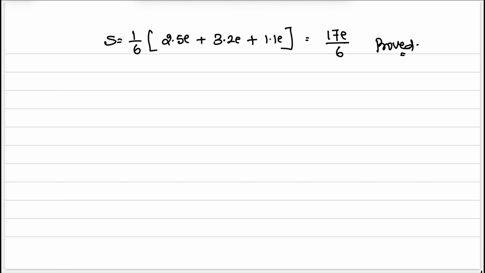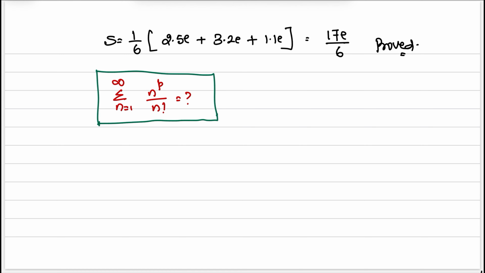And you can even try as a homework, if you can: what will be the value of sigma n equals 1 to infinity n to the power of p by factorial n? We can think of this, no? Please try it.